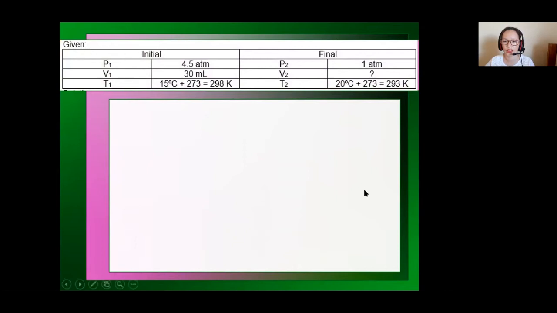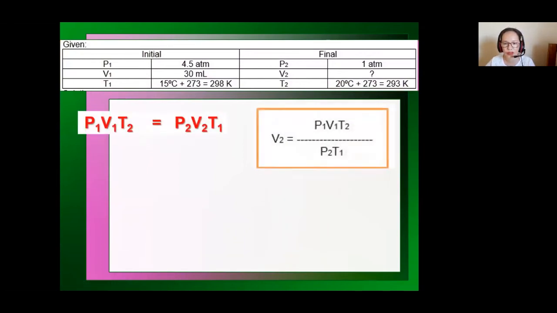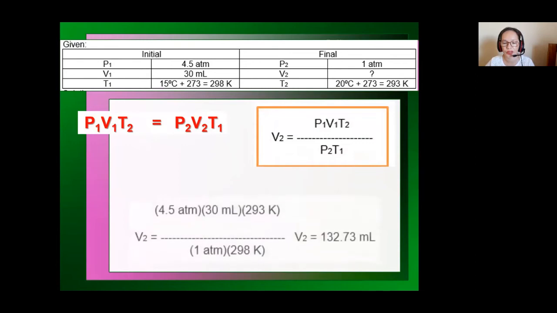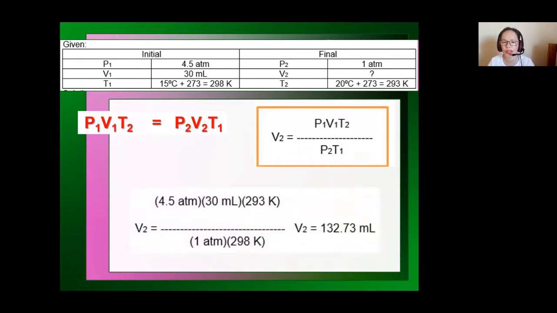Let's check. By applying our formula, you derive the formula for the unknown, which is the final volume. Substituting, let's see what happened to the volume of the bubble. From 30 milliliters, it will increase to 132.73 milliliters.